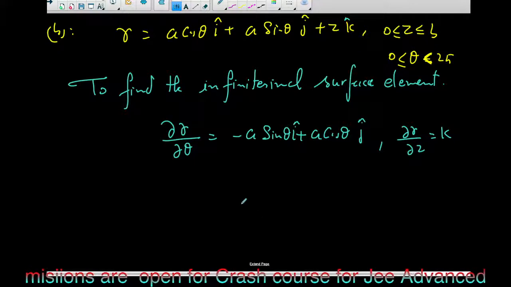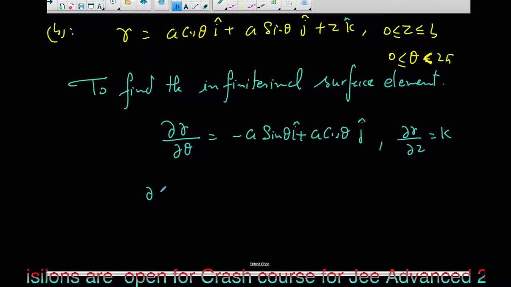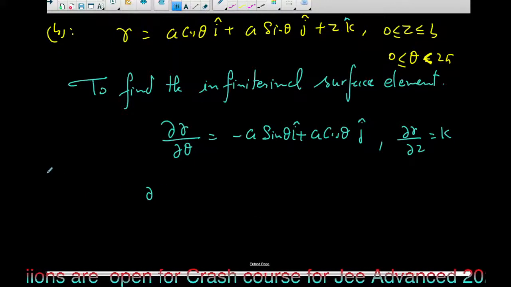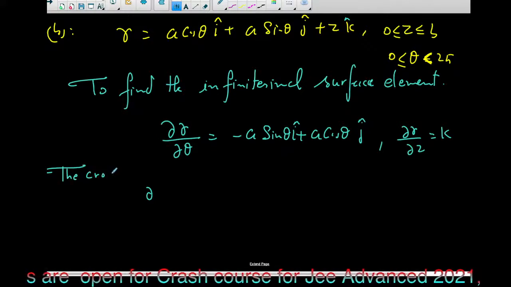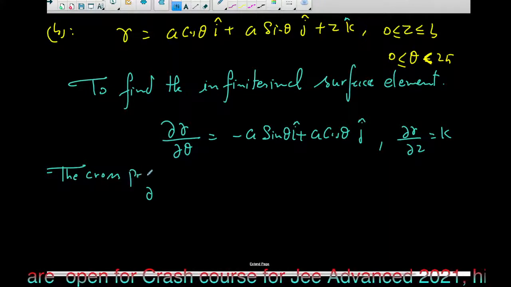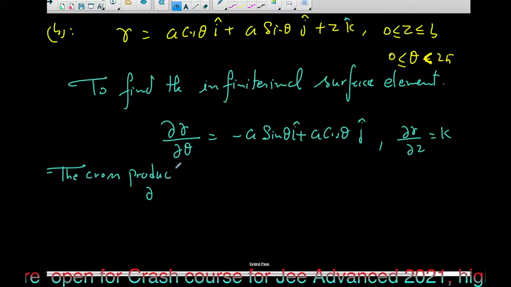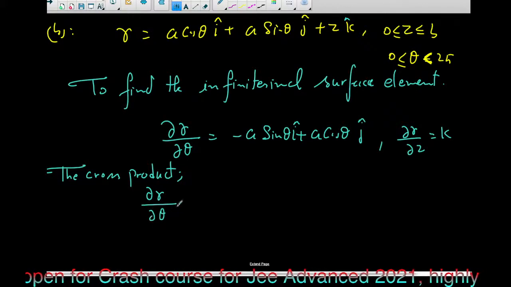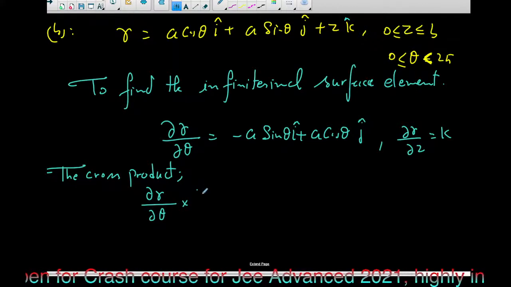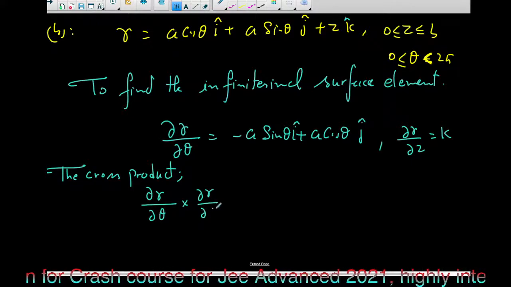So the cross product is del r by del theta cross del r by del z, you have to find.